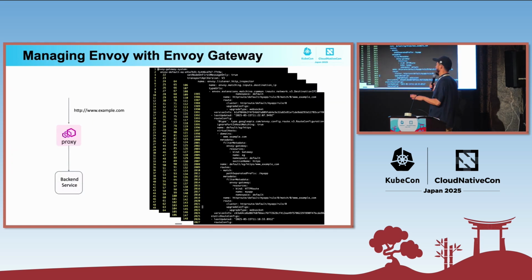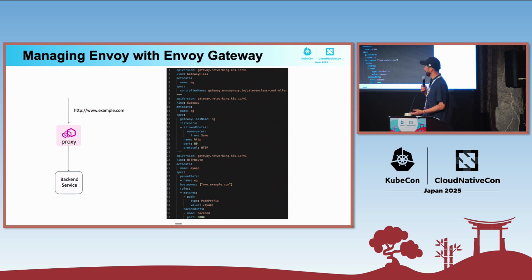So remember in an earlier slide how complex it can be to configure that simple setup in Envoy directly. After we use Envoy Gateway, that's how simple it can be. With Envoy Gateway, you just use a couple of Kubernetes native resources, and you can easily get Envoy Proxy up and running as an API gateway.